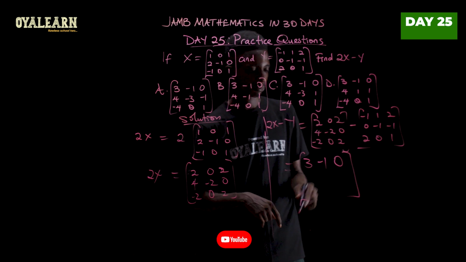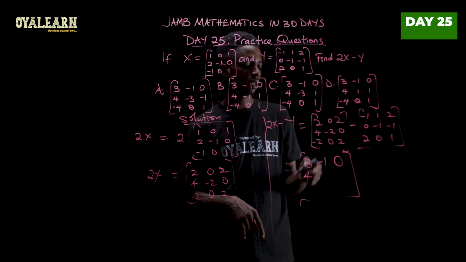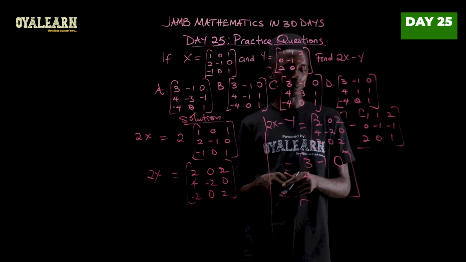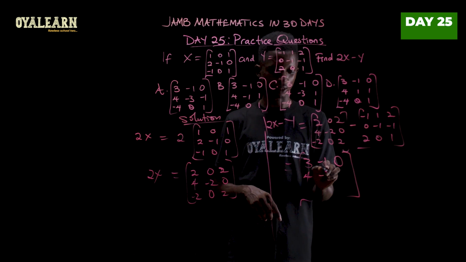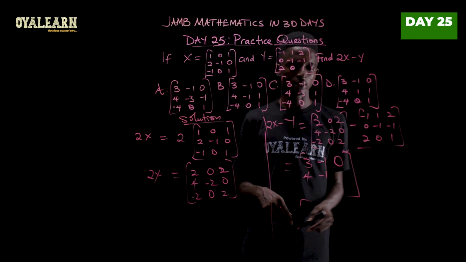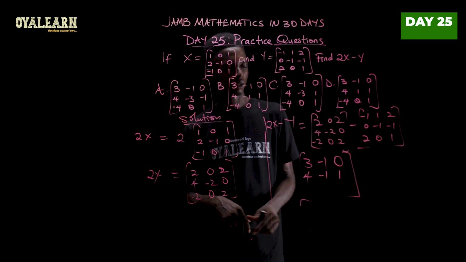Now to the next row, 4 minus 0, that is 4. Minus 2 minus minus 1: minus times minus becomes plus, so minus 2 plus 1 will give us minus 1. 0 minus minus 1: minus times minus becomes plus, so 0 plus 1, 1.